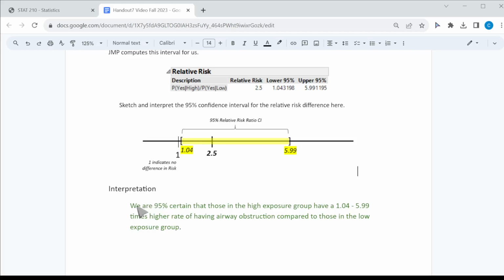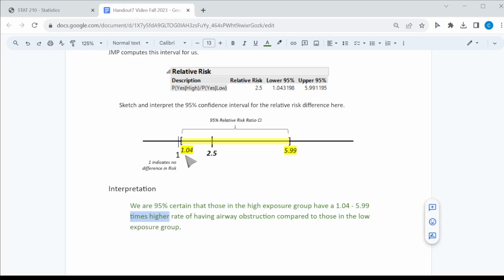Again, we're 95% certain that those in the high exposure group have anywhere from 1.04, because that's the lower limit, up to 5.99. So that increase in that rate is going to be anywhere from 1.04 up to 5.99 times higher. Right, so that's how we interpret a relative risk ratio, is it's 2.5 times higher.